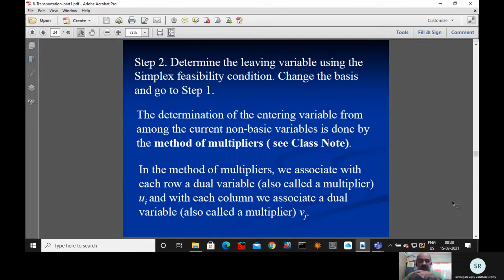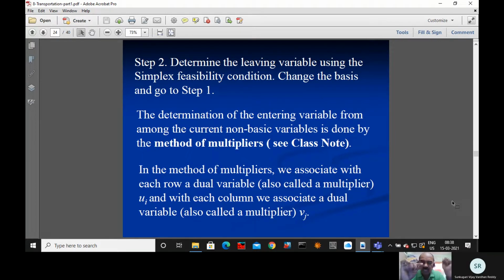In this transportation problem, the method of multipliers associates with each row a dual variable, also called a multiplier, namely ui, where i varies from 1 to m. Similarly, for each column we associate a dual variable vj, where j varies from 1 to n.